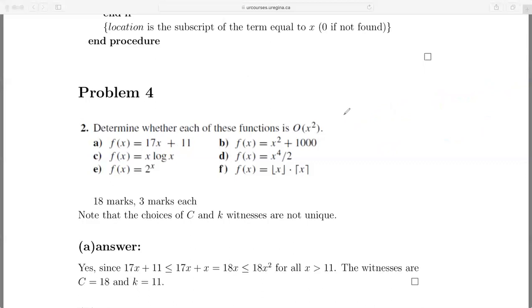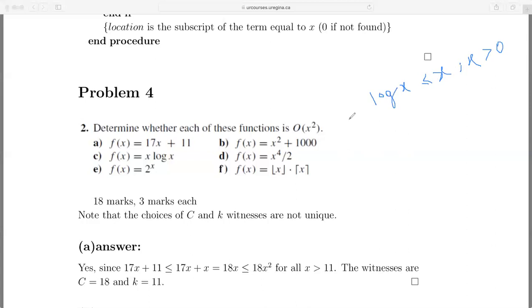See here, it's x and log x. x is a linear function. We also know that log x is less than or equal to x when the value of x is greater than 0.